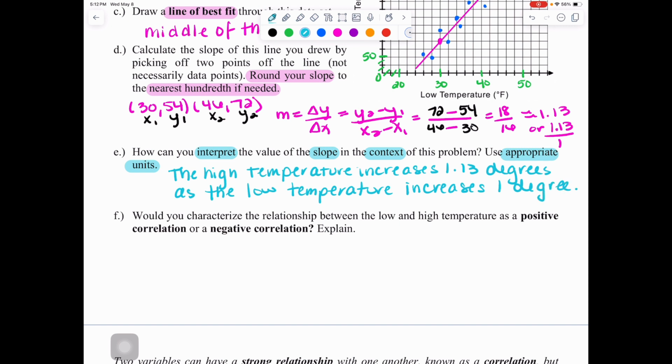So notice my use of the proper units, the correct descriptions of my variables, because then it's in context. And I'm using the word increasing to show that it's positive. Obviously, for decreasing, you want to use that word.